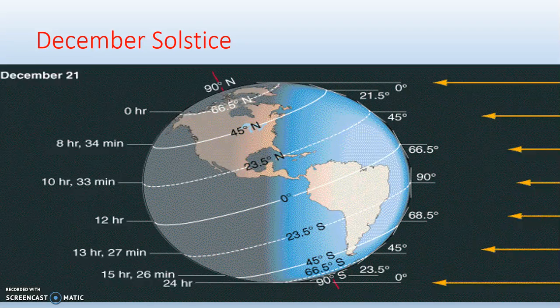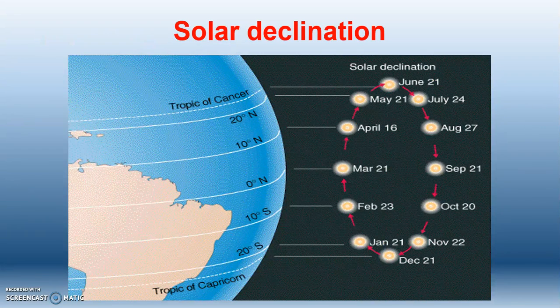So we also can compare folks that are living above 66.5 degrees in the Arctic Circle, and they're receiving 0 hours of daylight at this period of time. So it helps us identify the distribution of the day length.